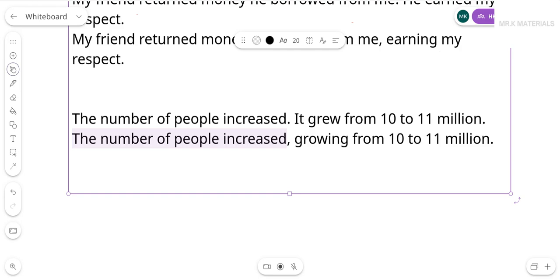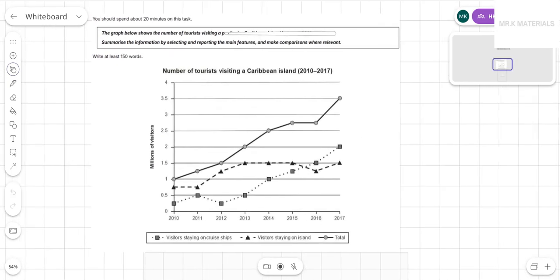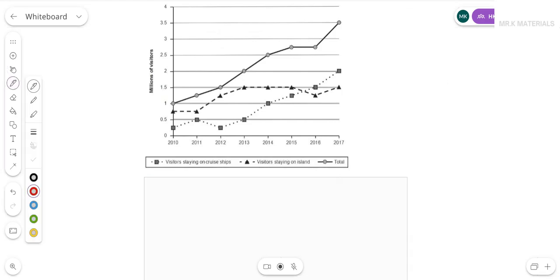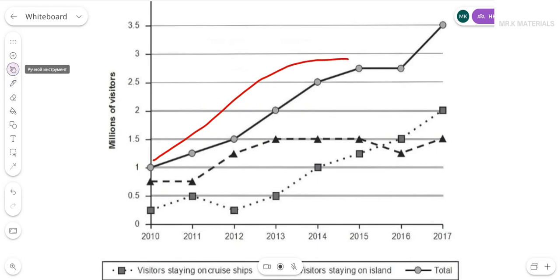All right, right now we're going to take a look at a task here and quickly have an example. Okay, let's pick a key feature here. Let's talk about this part. Right now you can pause the video and describe this key feature and support it with participle clause.